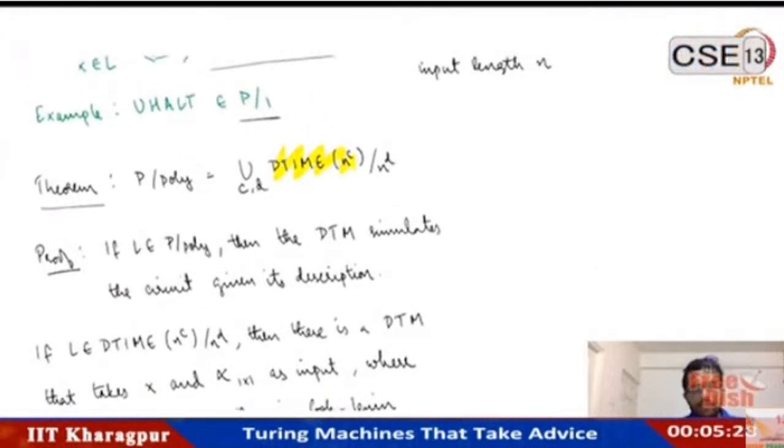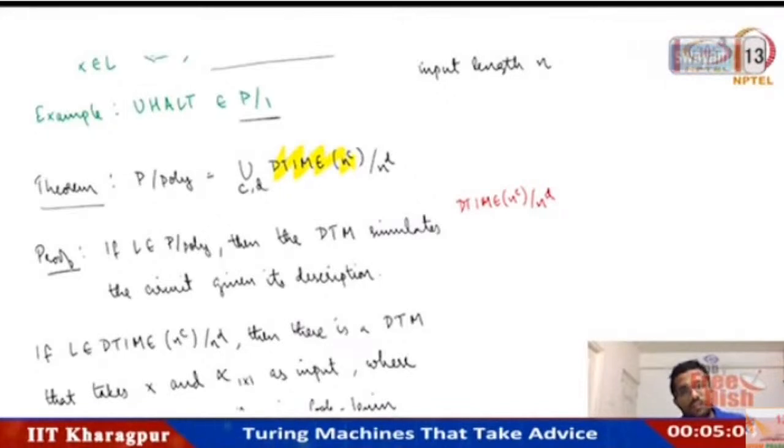Suppose L is in P/poly, which means there is a polynomial size circuit family that decides L. Now, why is it in DTIME(n^c) / n^d?